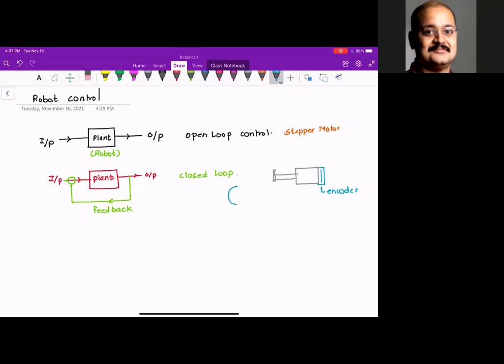A classic encoder has gradations, and you have a photodiode on either side of the gradations. If you look at the side view, this is sort of a slotted disk, and you have a light source and a detector.